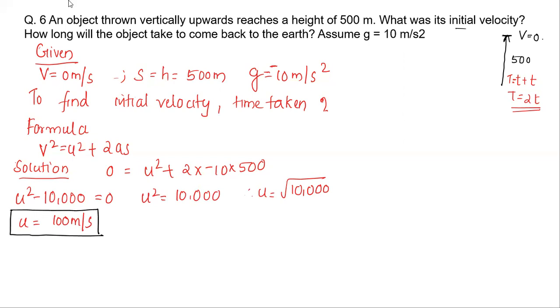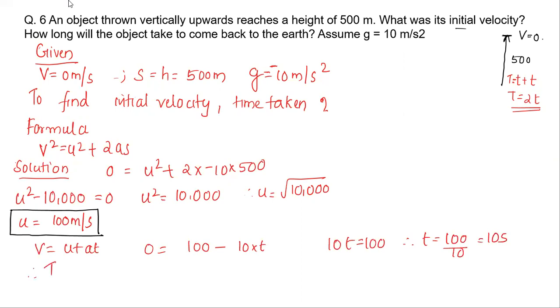Now we want to find out the time taken. For that we can use the formula v is equal to u plus at. That is 0 is equal to u value we got 100 minus, because acceleration is minus 10, minus 10 into t. Or we can write, take minus 10t to the left side, we will get 10t is equal to 100. Therefore, t is equal to 100 upon 10. That is equal to 10 seconds.